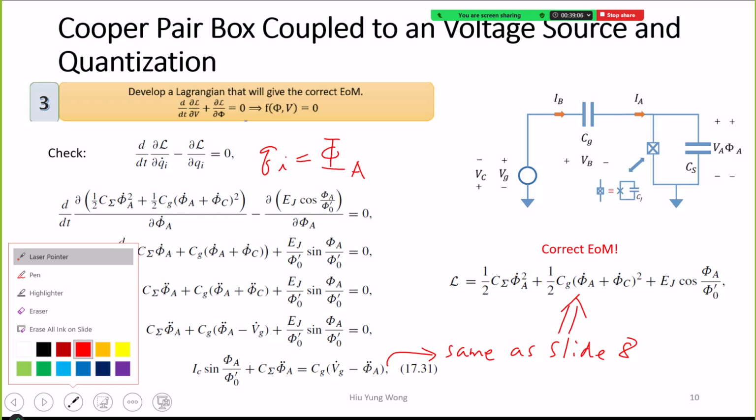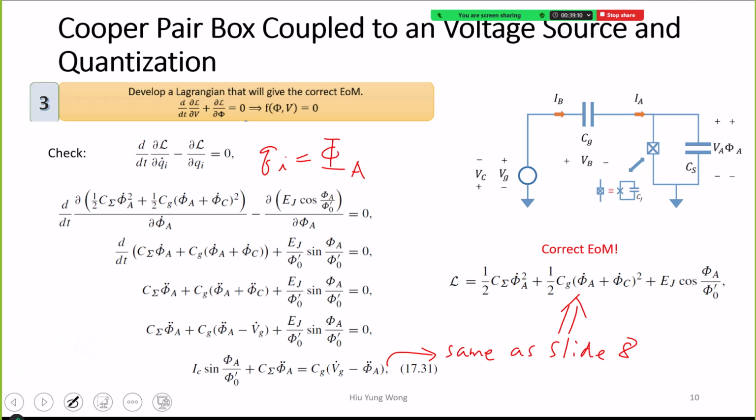That should be negative. So many typos. Okay, this should be negative. Thank you. Good point. But in principle, we studied this before, right? You should be able to correlate.